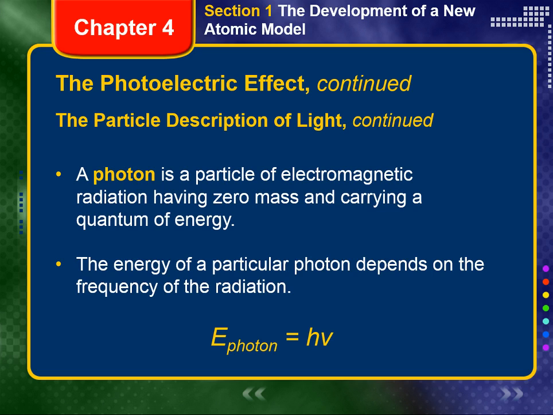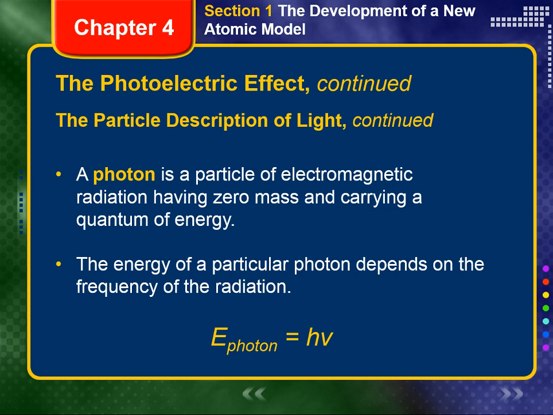Einstein explained the photoelectric effect by proposing that electromagnetic radiation is absorbed by matter only in whole numbers of photons. In order for an electron to be ejected from a metal surface, the electron must be struck by a single photon possessing at least the minimum energy required to knock the electron loose.